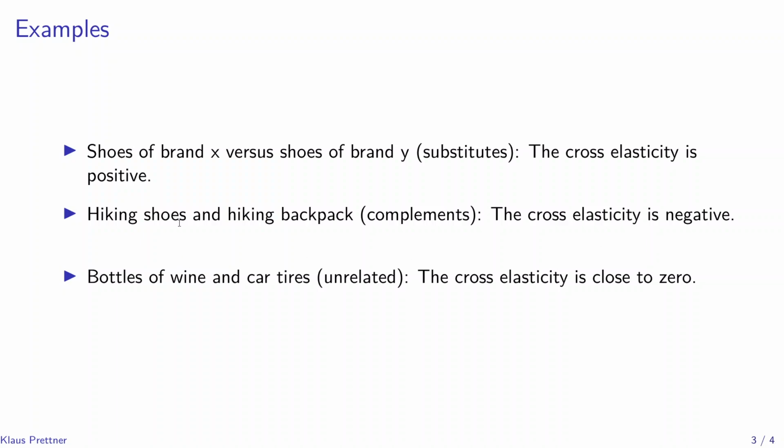If the price of hiking shoes increases, the demand for backpacks would decrease. And finally, of course, you could have a lot of goods that are completely unrelated, say bottles of wine and car tires. In this case, you would expect the cross elasticity to be close to zero. So if the price for car tires increases, you would not see any change in the demand for wine.